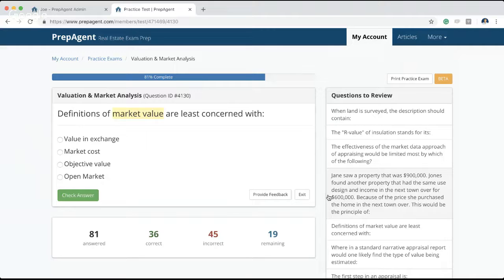Definition of market value, are least concerned with: A, value in exchange; B, market cost; C, objective value; D, open market.